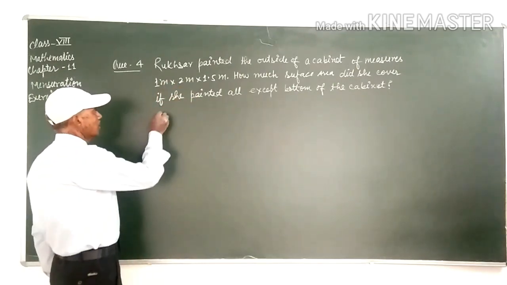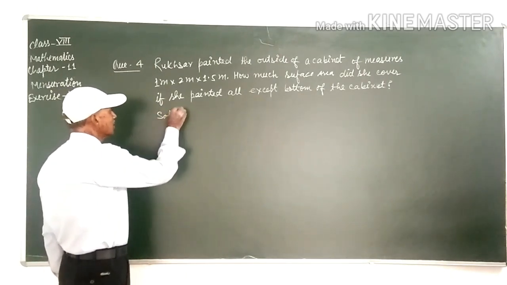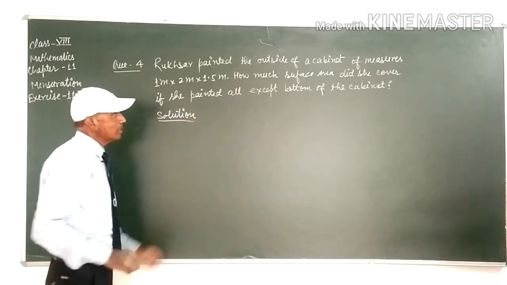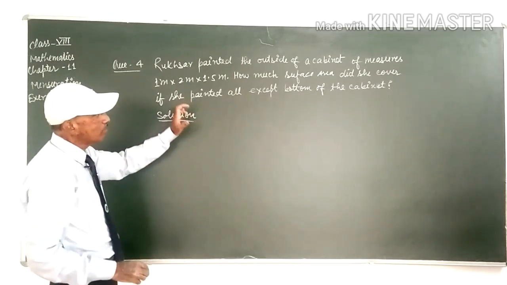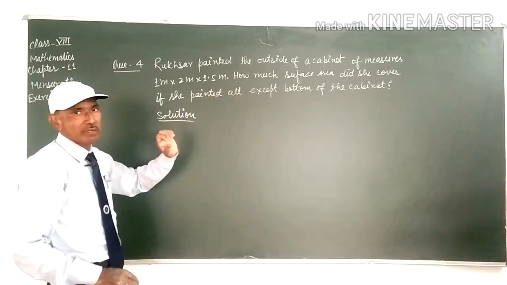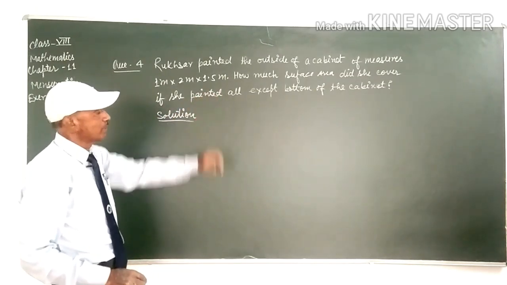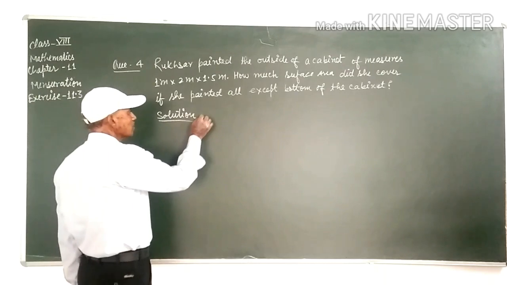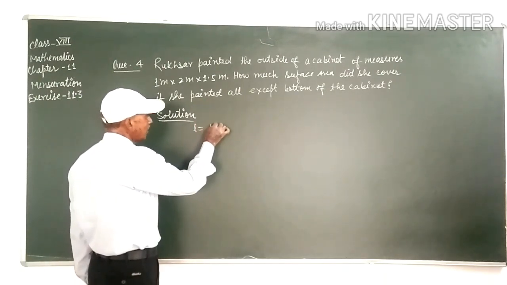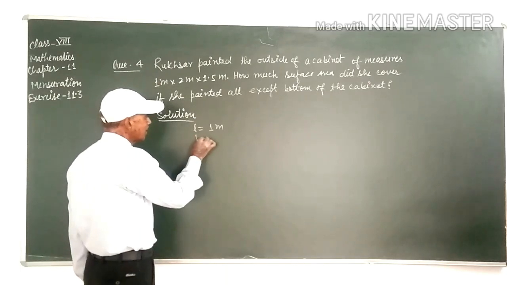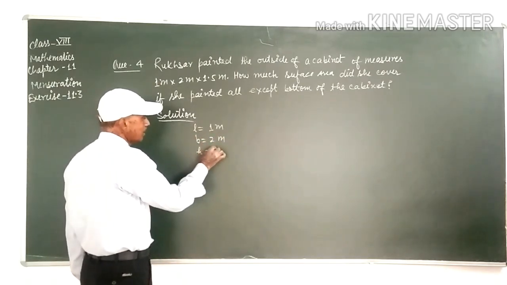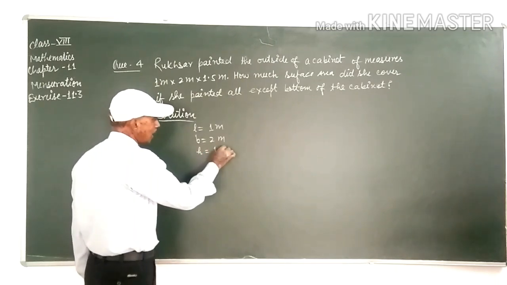So the solution will be: students, in this question we have to find out the total surface area that she painted, that she covered. Clear, students? So the length of the cabinet is 1 meter, width 2 meter, and height of the cabinet is 1.5 meter.